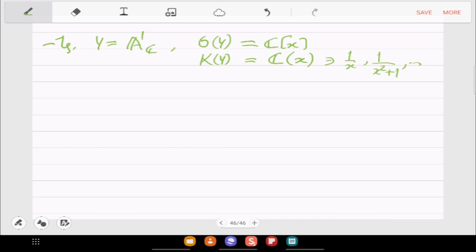With the domain, 1 over x is fine, right? So you can make this into a proof. You can show that KY is C(x). The other example you don't even need to write down, but still let's test you. So what is KY for the projective line? OY was just constants.